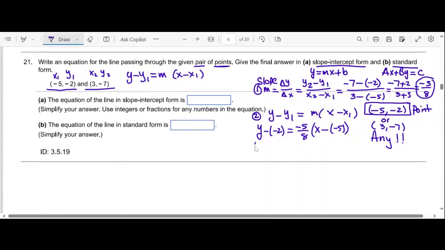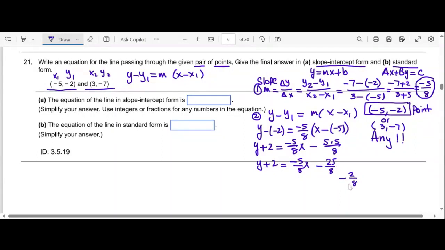Now just multiply. So you get y plus 2 equals negative 5 over 8x, and minus times minus gives you plus, 5 times 5 over 8. So 5 times 5 is how much? 25 over 8. I'm going to move the 2 to the other side, so it's going to be minus 2.